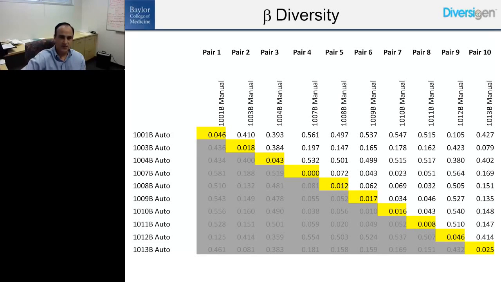So we plotted the distance matrix, and so on the left-hand side, on the y-axis, you can see the automated sample. The x-axis, obviously, the manual setup, and the distance matrix shows how reproducible these assemblies were.